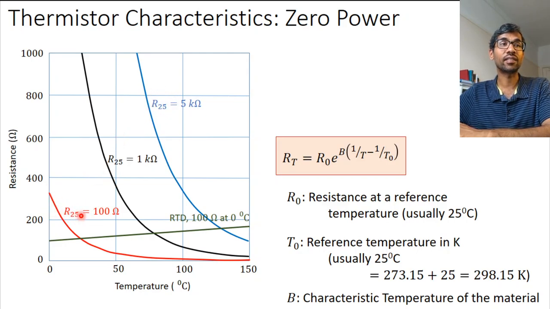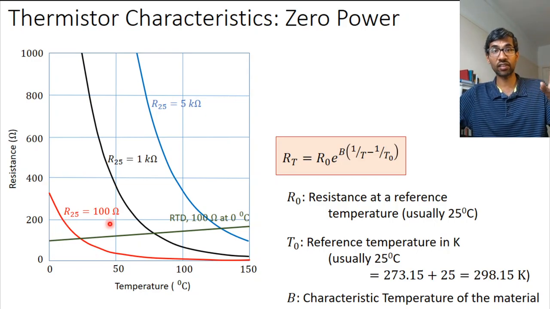So this is R25 equal to 100 ohms, 1 kilo ohm and 5 kilo ohms. What that means is that the resistance of the thermistor at 25 degrees Celsius is 5 kilo ohms. Okay, so the blue trace is the characteristic of a thermistor whose resistance at 25 degrees Celsius is 5 kilo ohms. This thermistor has an R25 of 1 kilo ohm and this thermistor has an R25 of 100 ohms.